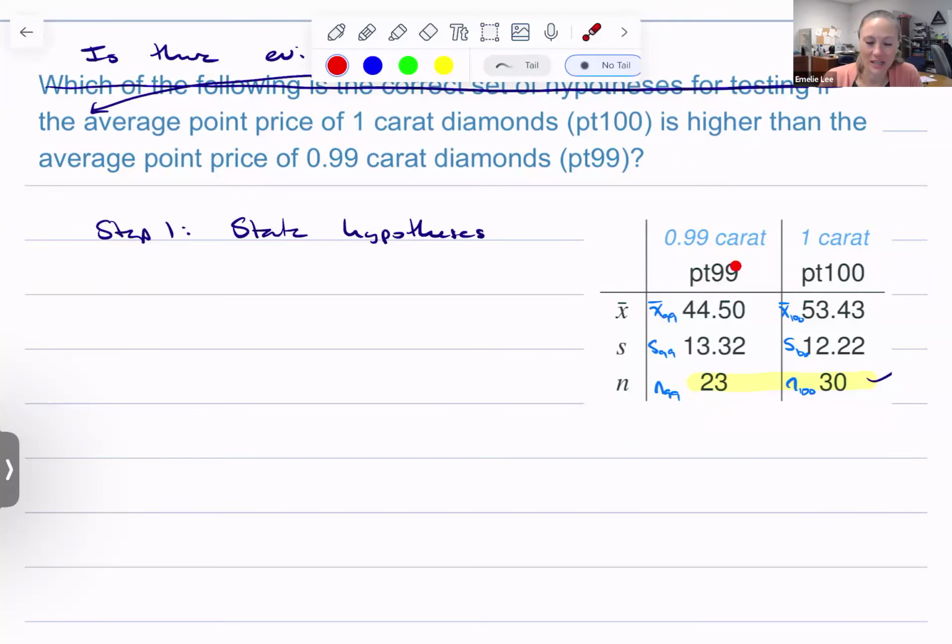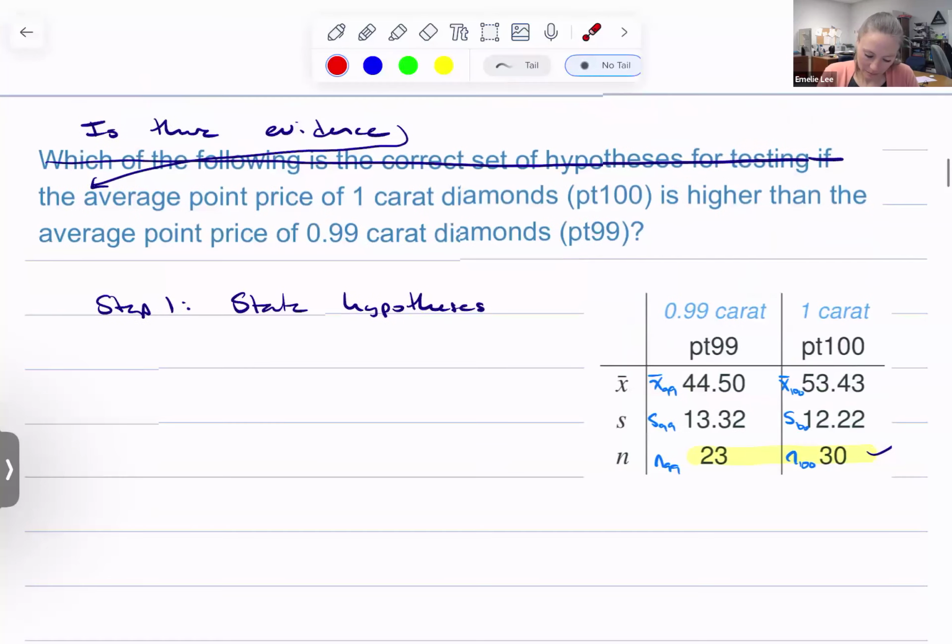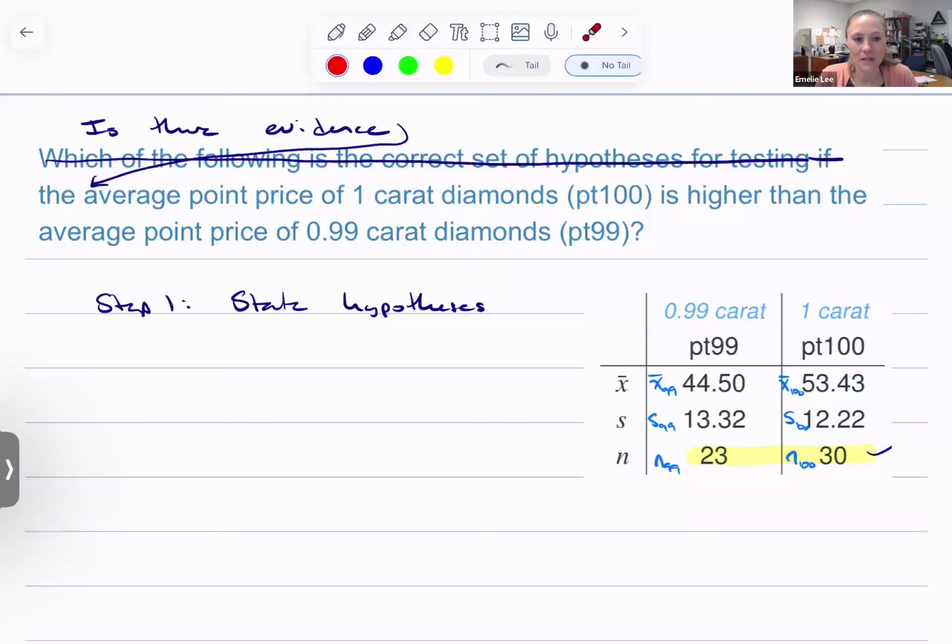I can't do it. It doesn't matter which one you assign to group 1 and group 2 as long as you're consistent, right? And so here, we're talking about 1 carat diamonds and 0.99 carat diamonds, but really we want to know if this one is higher than this one. Looking at these values, 53.43 is higher than 44.5. We want to know if it's significantly higher. And so our hypotheses are going to look like this.